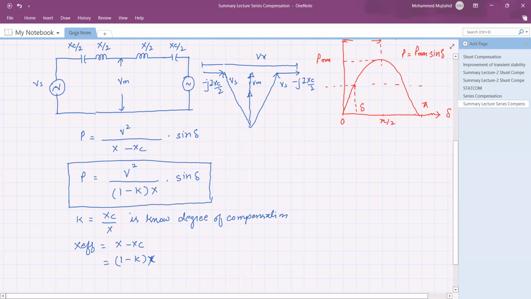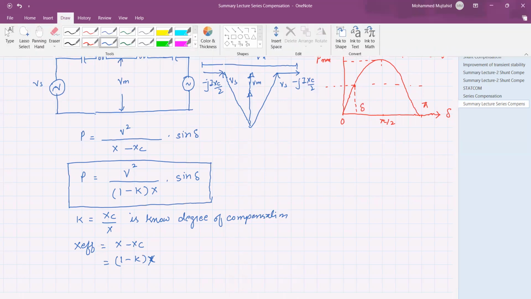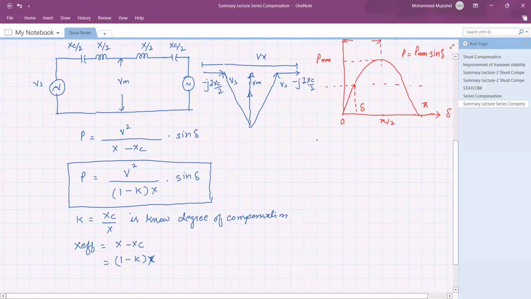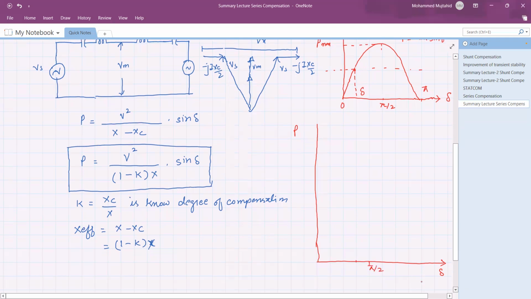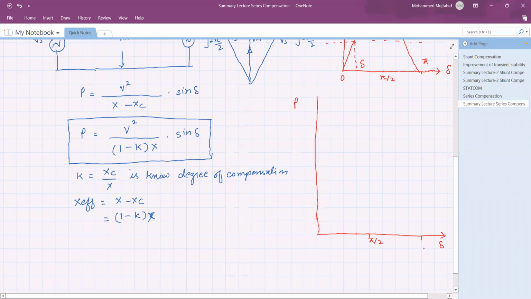Now this diagram is for the uncompensated line, but for the compensated line, this angle is delta and power is P. Say this is pi by 2 and this is pi.